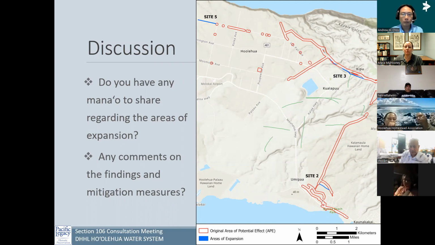So it takes a couple of weeks to bring the 3.5 million gallons down to the point where we can begin to work in the tank. At that point, the valves are switched so that the second 3.5 million gallon tank continues to be filled, and that serves the Olehua homestead.